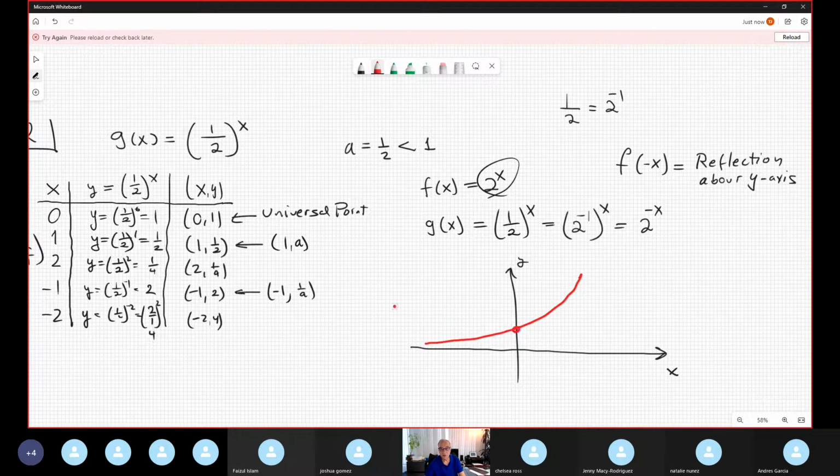This is the famous universal point, 0,1. Suppose que this guy is 1,2. And suppose que this guy is -1,5. This is the graph of the 2 to the x, that one.